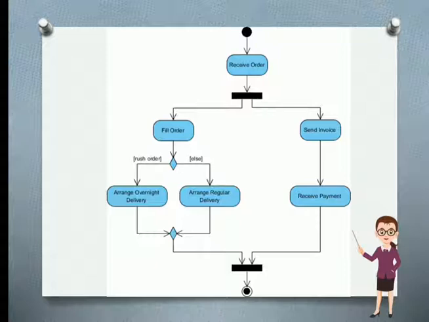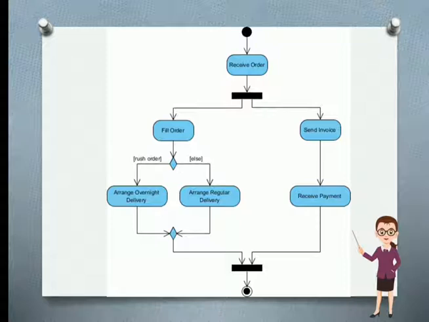If yes, arrange the overnight delivery, and if the order is not a rush order, then it is a normal delivery, so arrange a regular delivery. This condition is represented by a diamond, with the guard condition rush order, and else, that is normal order, shown in square brackets.